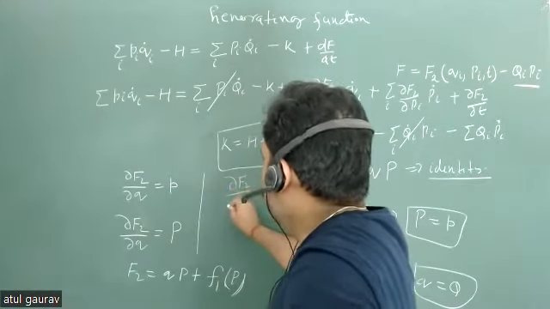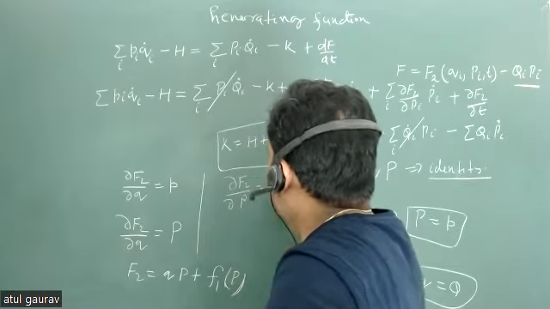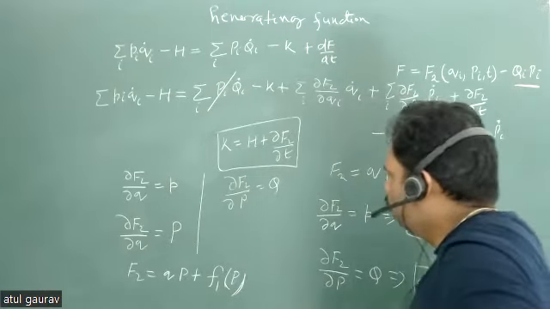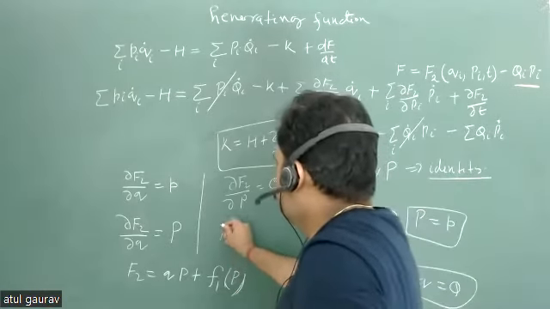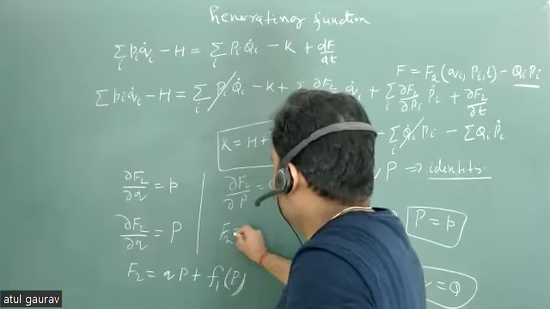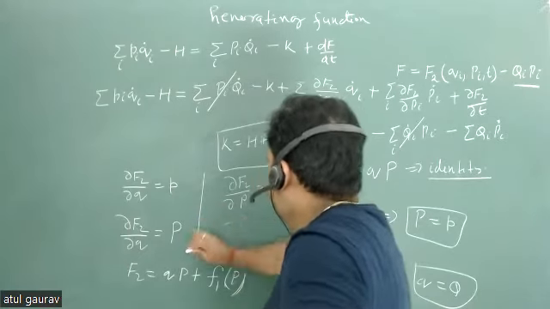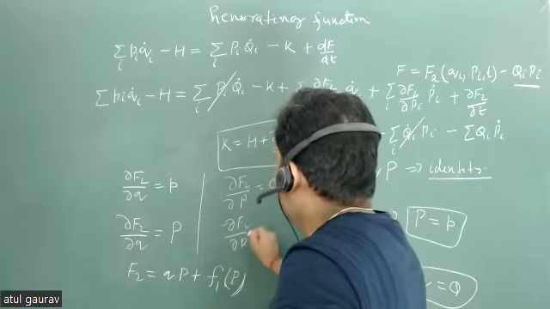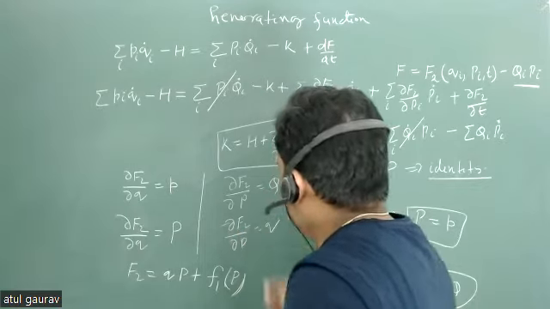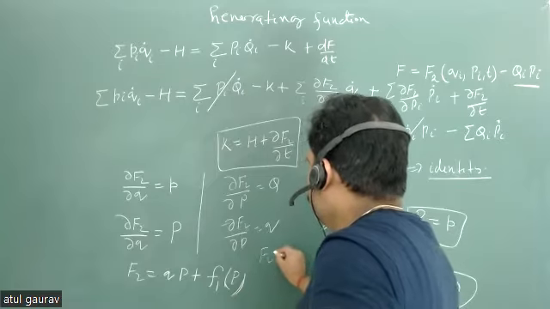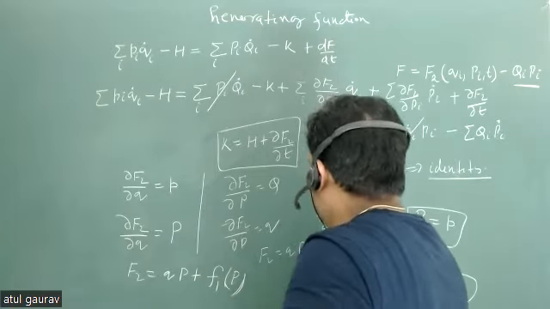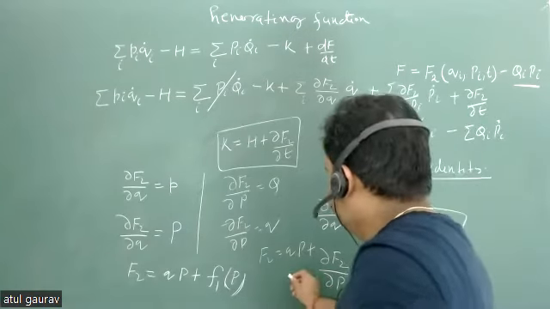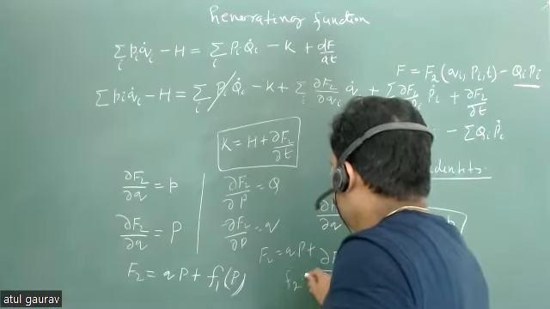Del F2 upon del p is equal to capital Q. Is capital Q our favorable variable? No, that is not our favorable variable. So we just change it: del F2 upon del p is equal to small q, and here F2 is equal to qP plus a function of small q.